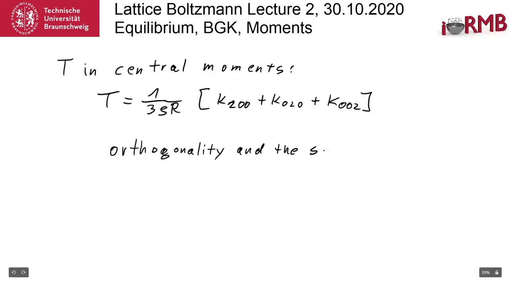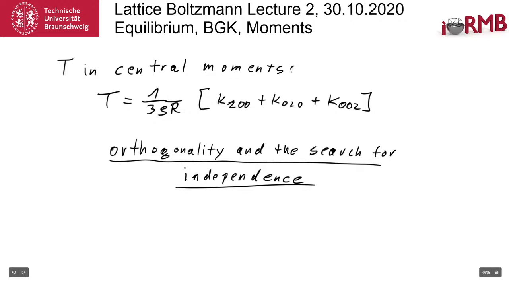Orthogonality, and the search for independence. Independence is something very important and actually difficult to obtain. So let's ask a simple question. These moments are supposed to be macroscopic quantities. So we take moments of our distribution and we get some macroscopic information, something like the temperature or velocity.